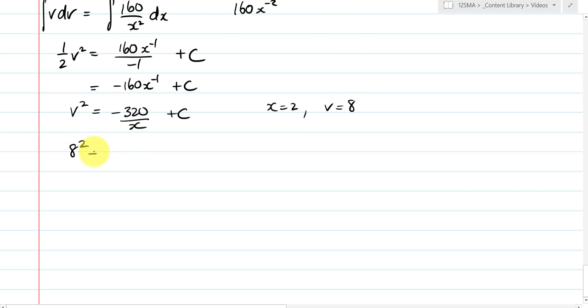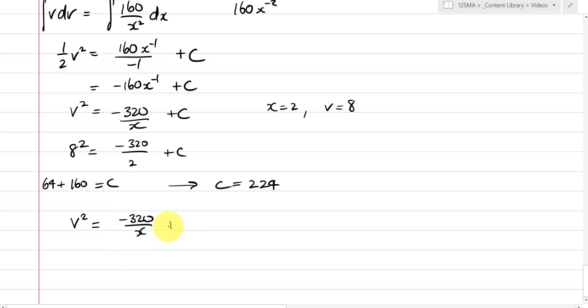So we get 8 squared equals negative 320 over 2 plus C, which means that 64 plus 160 equals C, and therefore C is equal to 224. So v squared is equal to negative 320 over x plus 224.